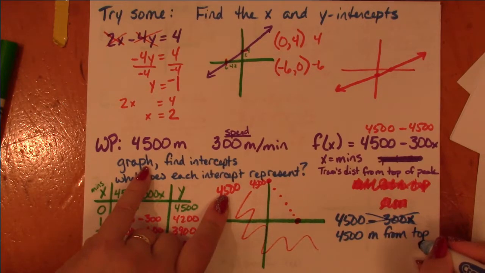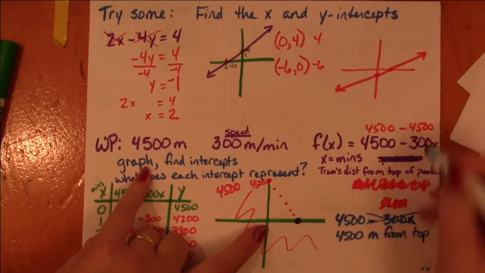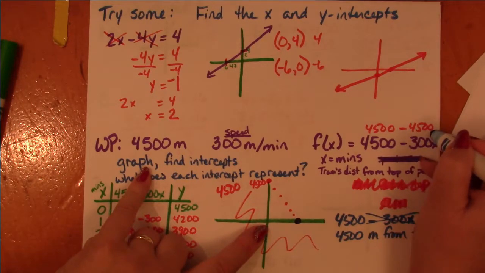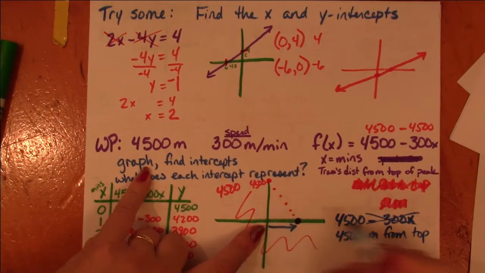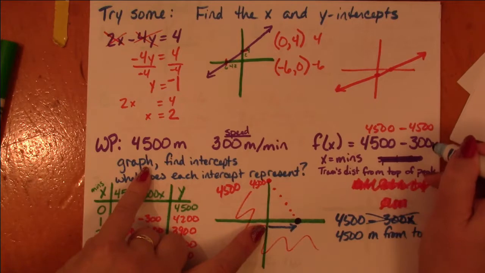I'm still at the very bottom of whatever they're climbing up, the mountain or the gorge or whatever. When I hit here, that ends up being 4,500 minus 4,500. That's where I've gone all of the distance. X is as big as it can get without ending up with negative distance, which doesn't make any sense.